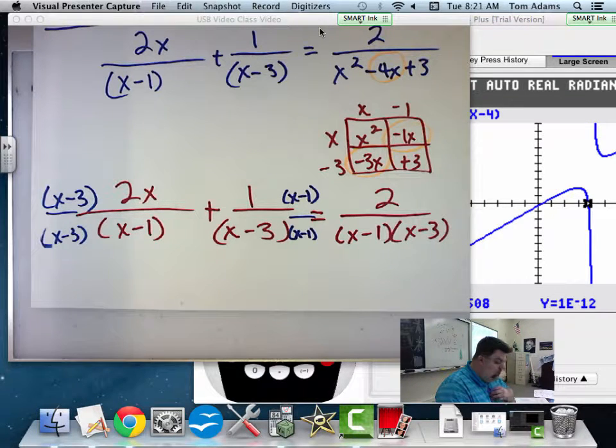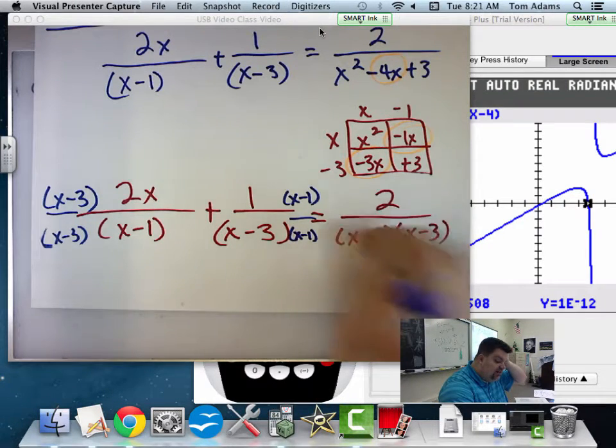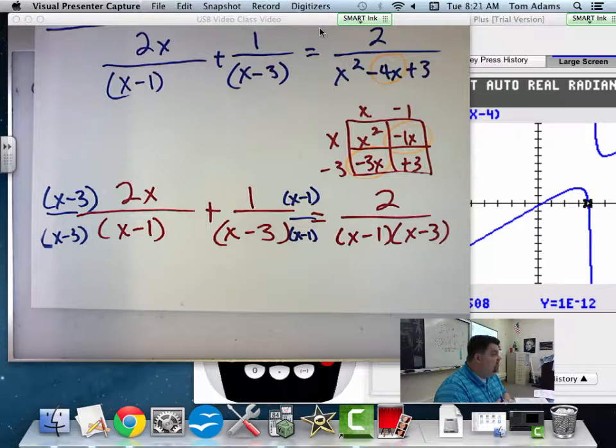So now at this point, we could literally ignore the denominators, okay? We could literally ignore the denominators, because if you multiply everything by the denominator one more time, the denominators go away. But we cannot ignore one thing.